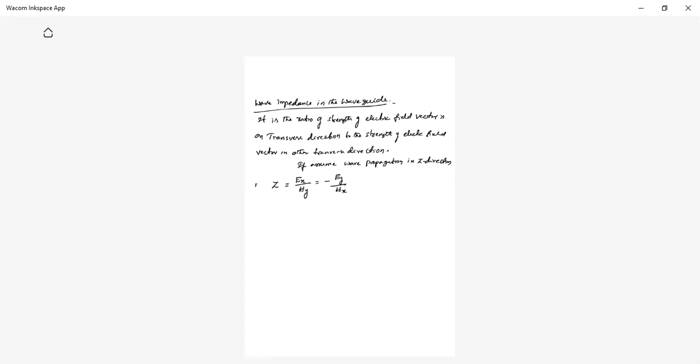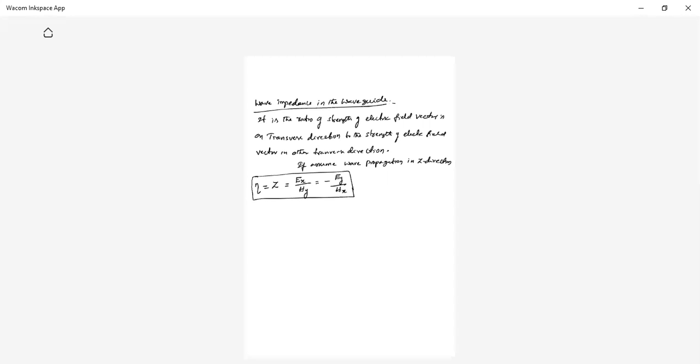You can write Z or eta; some books write eta, some books write Z. So this is the general equation for the wave impedance in the waveguide.